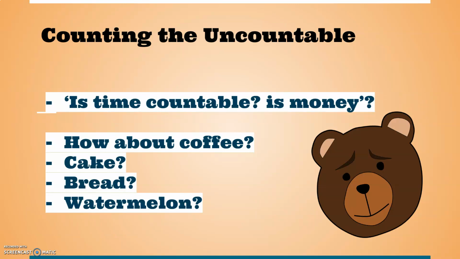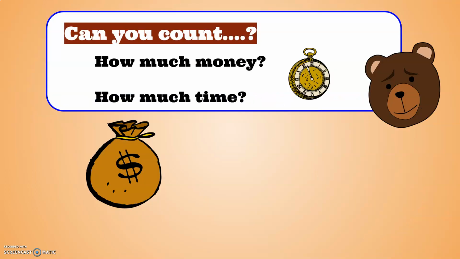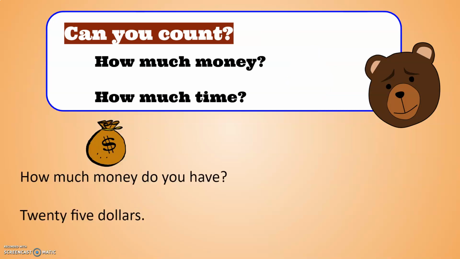Let's look at some more. How about time and money and coffee and cake and bread and watermelon? Are they countable? Are they uncountable? How do we count them? How much money? How much time? So the word money and the word time are both uncountable.